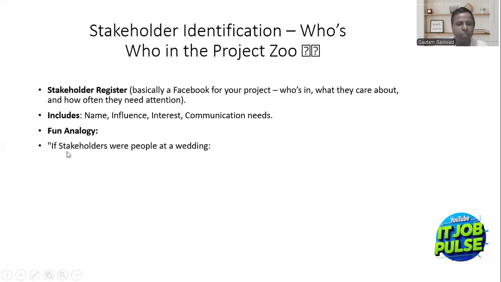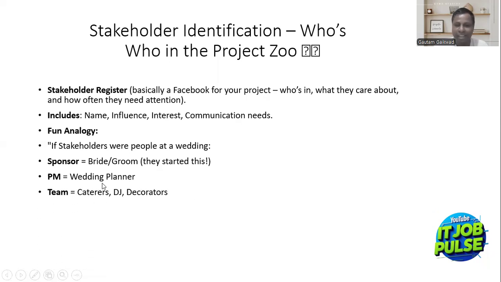Fun analogy. If stakeholders were people at a wedding, just from an example point of view, the sponsor is equal to the bride or groom, because they started this. The PM is equal to the wedding planner. It's getting interesting.